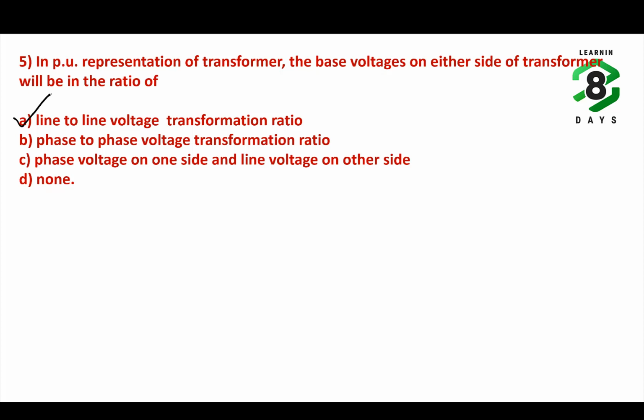So option A is the right option. VB1 by VB2 should be equal to the transformation ratio N1 by N2, or V1 by V2.